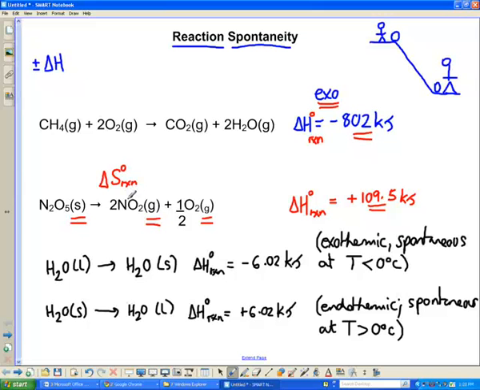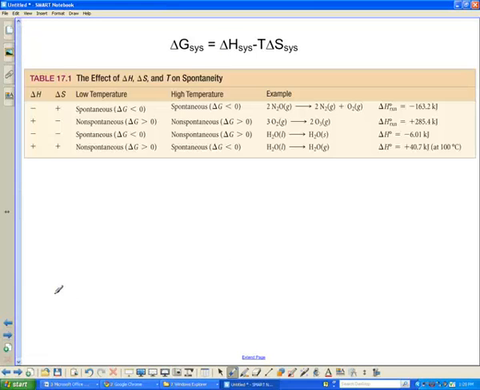So what we're going to do is combine what we've been talking about with the enthalpy change, what we've just been talking about with the entropy change, and our temperature issue as well. And we're going to tie all this reaction spontaneity business together with one formula. That formula is for something called Gibbs free energy for a reaction, process, whatever you are studying.